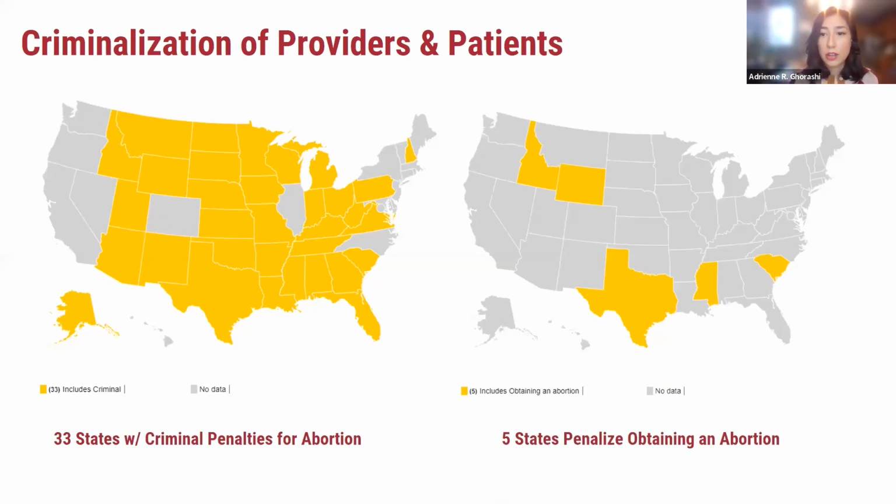So as I mentioned, another focus that we really wanted to hone in on was looking at the different types of penalties for different actions related to abortion. As you can see, most states have some type of criminal penalties for abortion. They also have civil penalties as well as licensing sanctions and things like that.